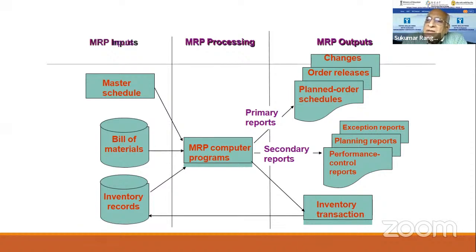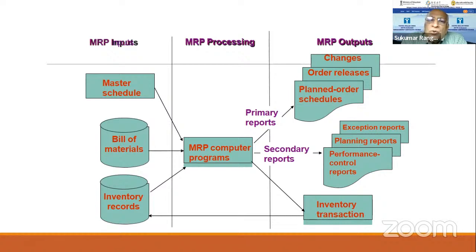Some of them may be in tens, some of them may be like, if there is a printed circuit board with various components, different types of resistors, different types of capacitors, different types of various other components. So that is what is called the bill of material.